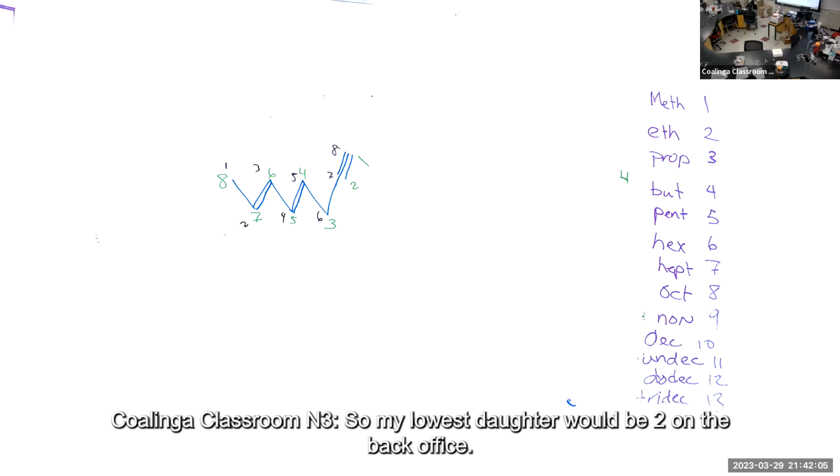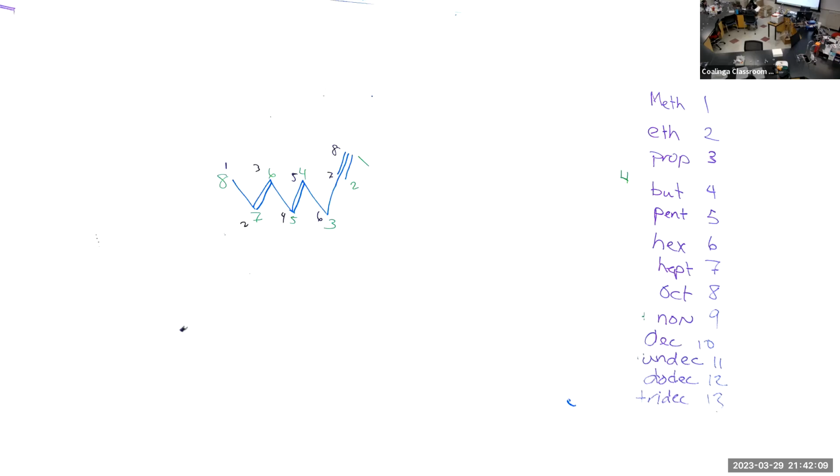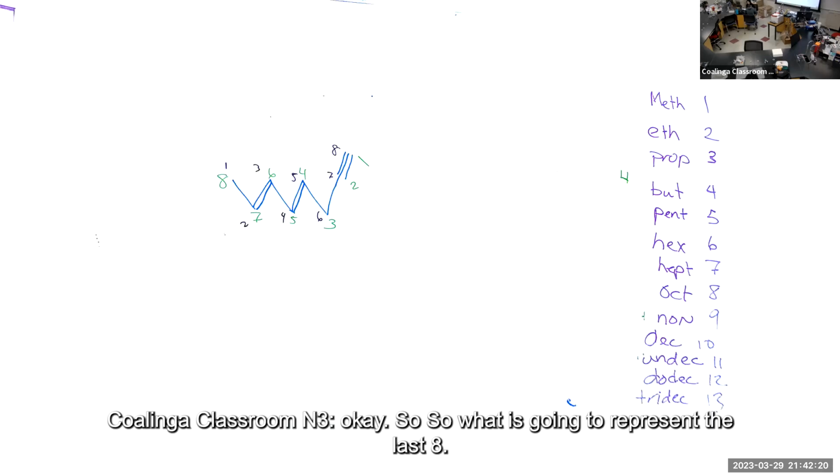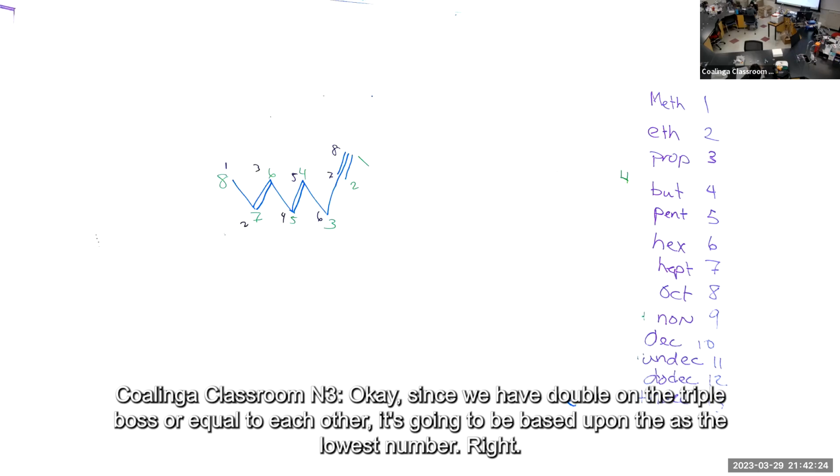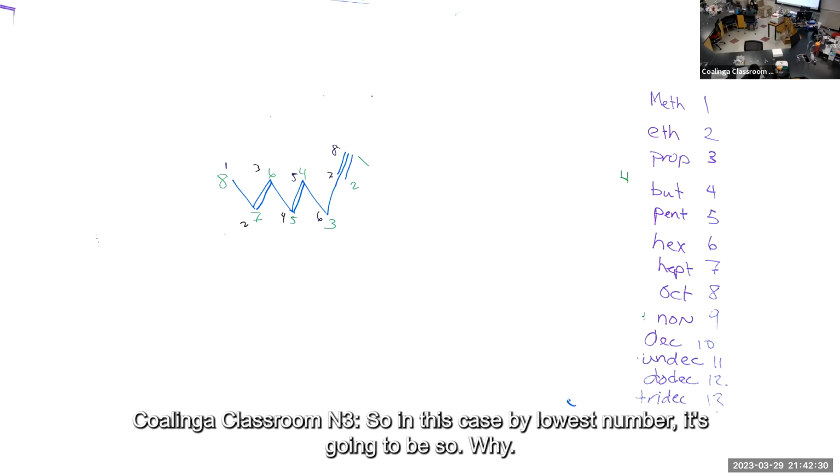So my lowest number would be 2 on the black numbers, or from the left side, my lowest number would be a 1. So which one is the lowest number? The 1. Okay, so since double bonds and triple bonds are equal to each other, it's going to be based upon who gives me the lowest number, right? So in this case, my lowest number is going to be the yne, right?